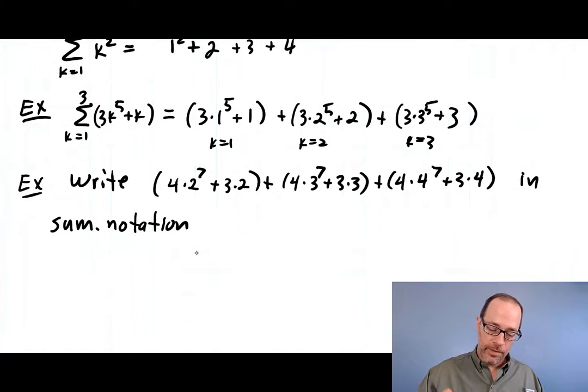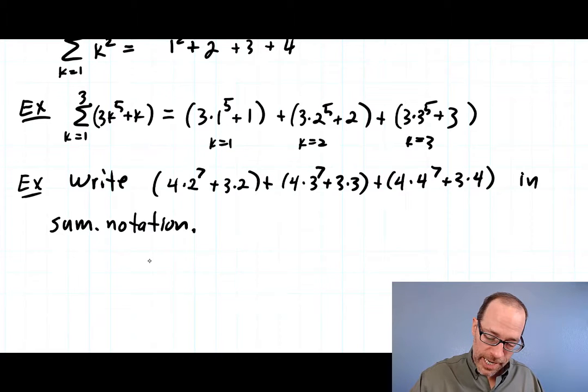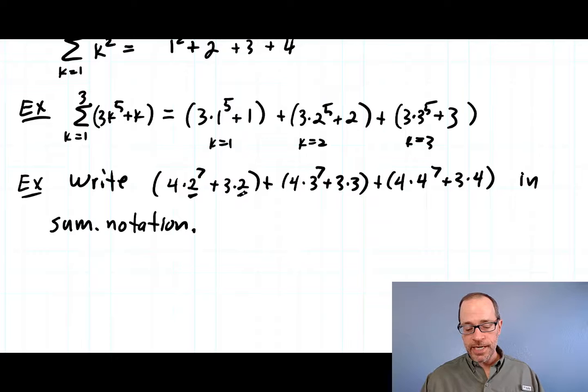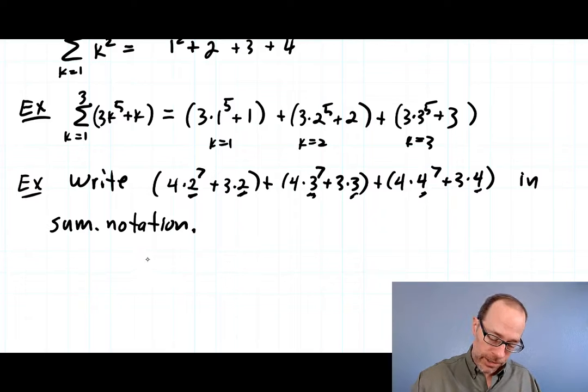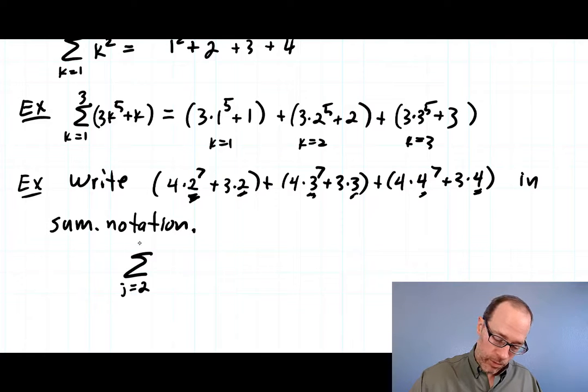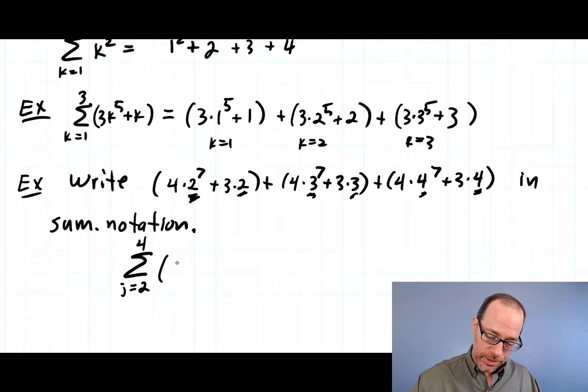Well, you can just read off what's happening here. Each time you're keeping everything the same, except here you have 2's, here you have 3's, here you have 4's. So that's the part that's being changed. So it'll be the sum from j starting at 2, and it's going to stop at 4. What you do is take 4 times that j value to the 7th power, and then 3 times just j all by itself.